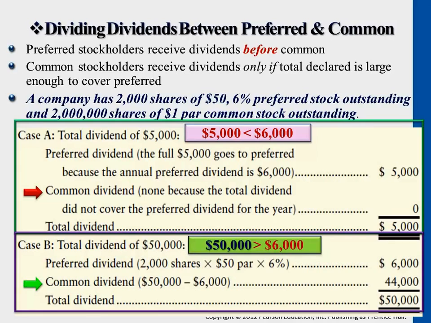So next year starts fresh again, and preferred shareholders are still only entitled to get $6,000 rather than $7,000. So this is non-cumulative, and this is cumulative. Next year, one of them has the right to get $7,000. Otherwise, they would still just be getting $6,000 of whatever the company declares.